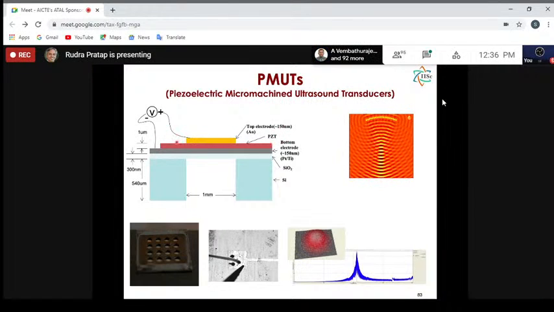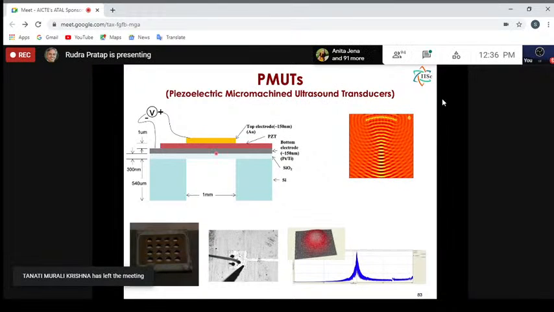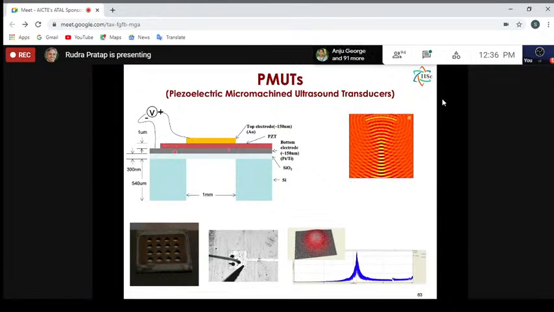PZT is sol gel coated PZT here, and then another electrode. You can use gold or platinum or whatever you want as another electrode. So this is a stack of materials where you have one active layer of piezoelectric material, lead zirconate titanate.